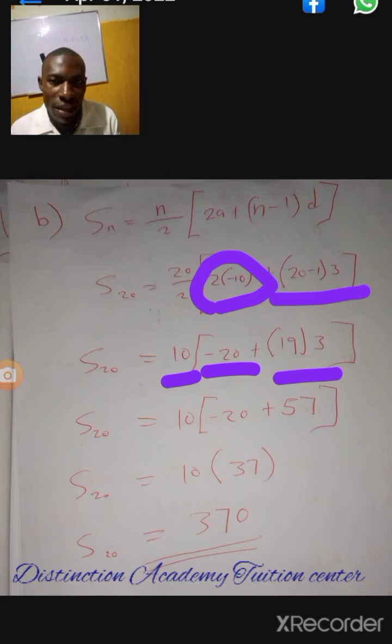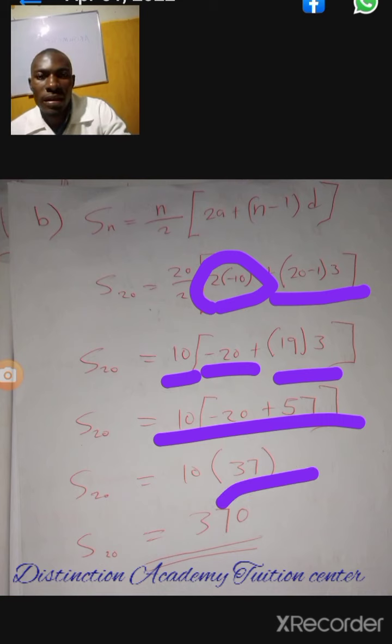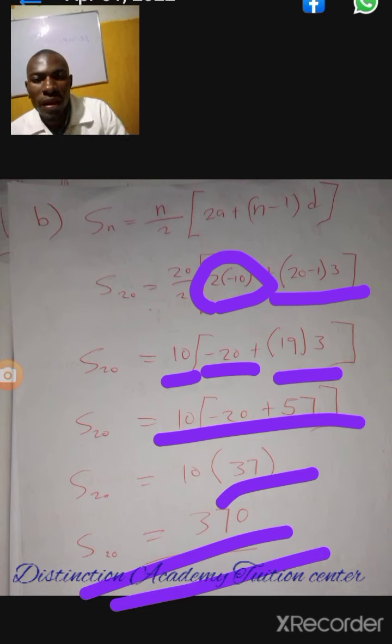S20 is equal to 10 open brackets -20 plus 19 times 3. 19 times 3 gives you 57. So what is negative 20 plus 57? The answer is 37. So you multiply now 10 times 37, and the answer you get is 370. That is your sum of the first 20 terms.